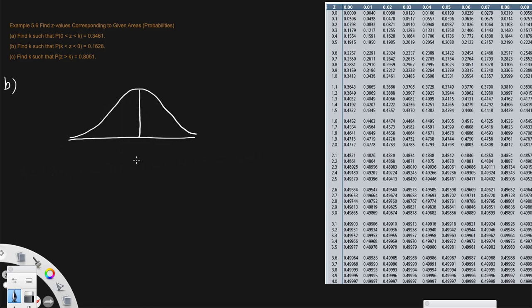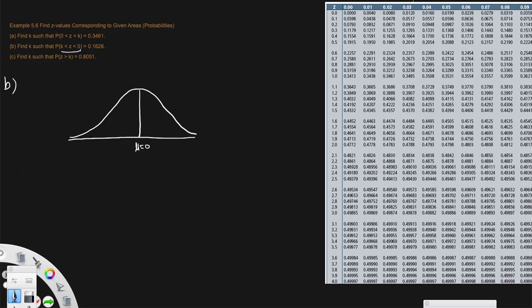After I sketch, I put my mu first, and what they're telling me is that k is less than z and z is less than 0. So from what I see, everything is happening on this side of 0, whereas the previous one was happening on that side, if you noticed.